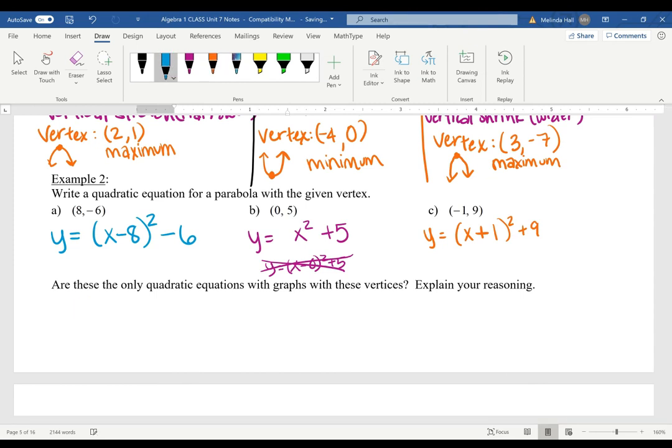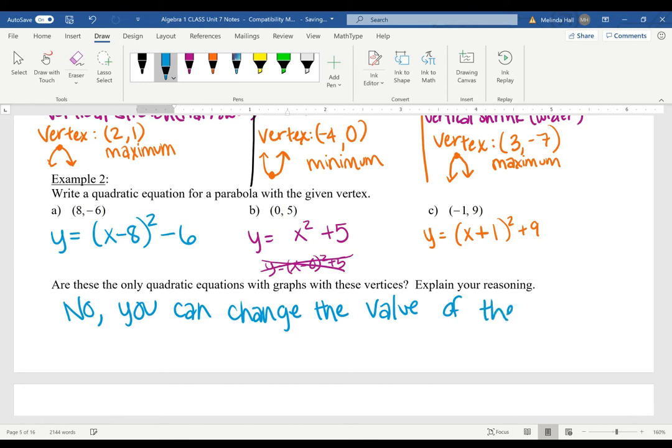So to answer the question, no. You can change the value of the A term to change opening and width.